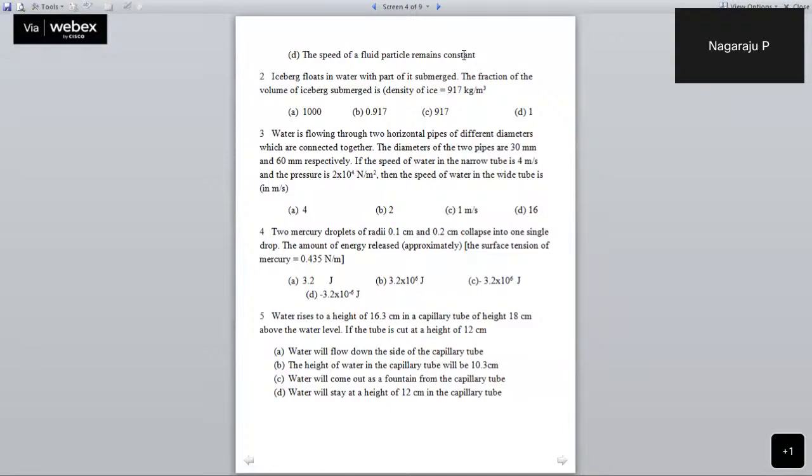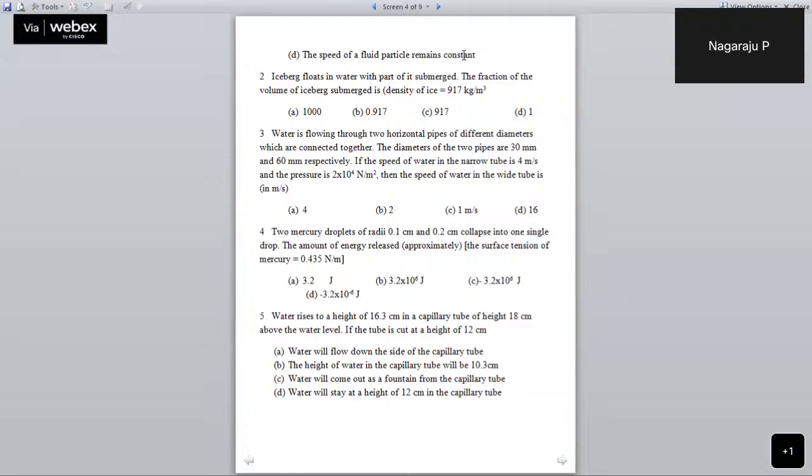Coming to the next question, this question is also very, very simple. The second question is: an iceberg floats in water with part of it submerged. The fraction of the volume of the iceberg submerged is, the density of ice is given as 917 kg per meter cube.